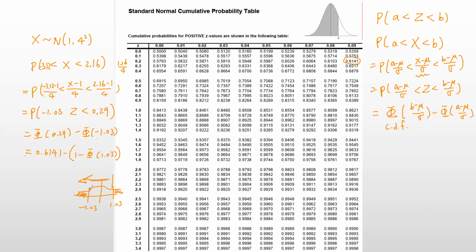Then we look at the table: what is phi of 1.03? 0.8485.